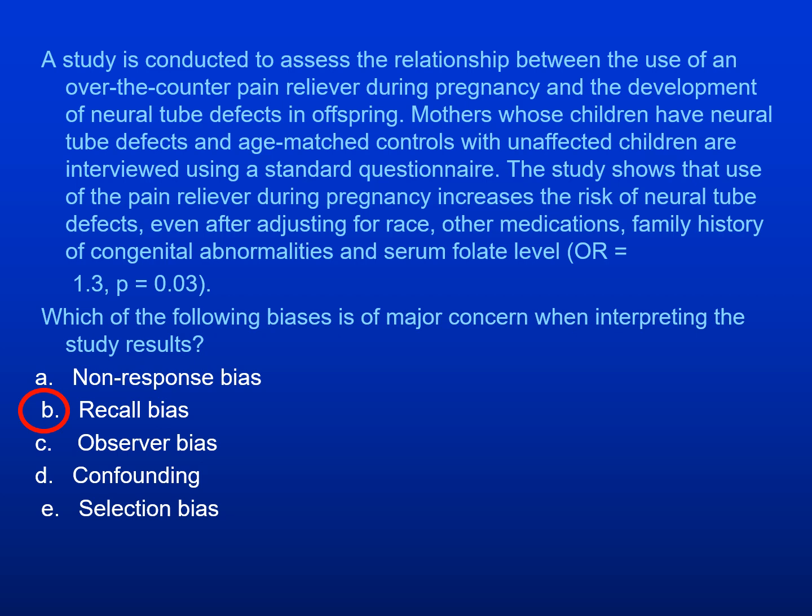Odds ratio equals 1.3 and p equals 0.03. Which of the following biases is of major concern when interpreting the study results? Of course, as it is a case control study, and this is history during pregnancy of mothers who have children, it is subject to recall bias.